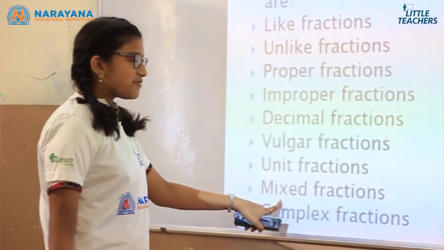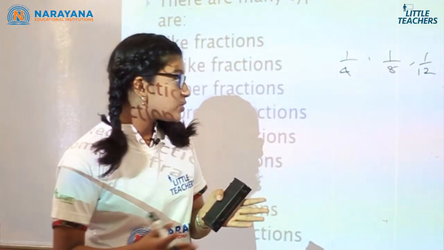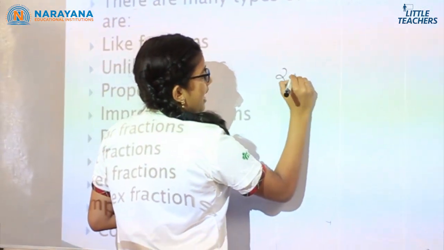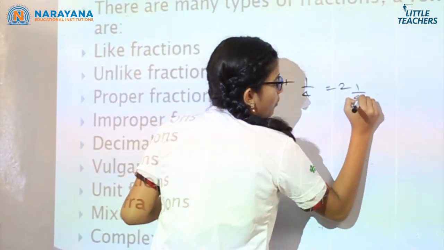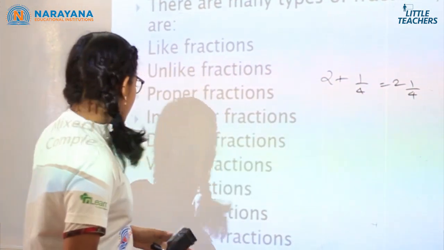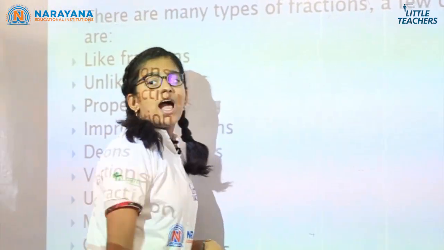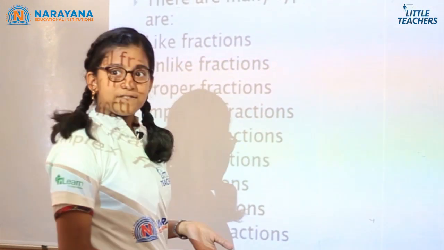Next, we have mixed fractions. So, in a mixed fraction, there is a whole number and a fraction together. So, if I took the whole number 2 and I added it with 1 by 4, I would get 2 1 by 4, which is a mixed fraction. Next, we have complex fraction. So, in complex fraction, either the numerator, the denominator, or both the numerator and denominator are fractions.